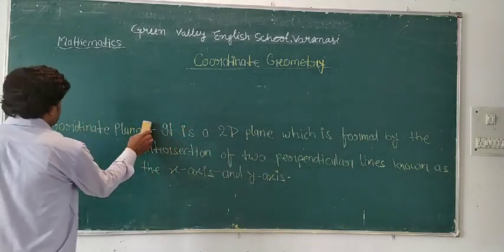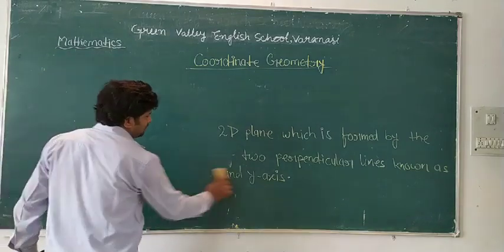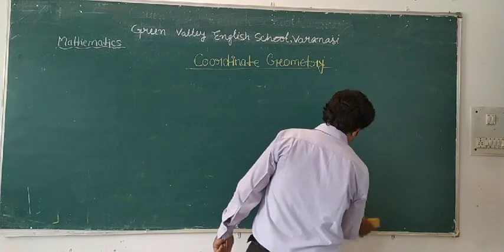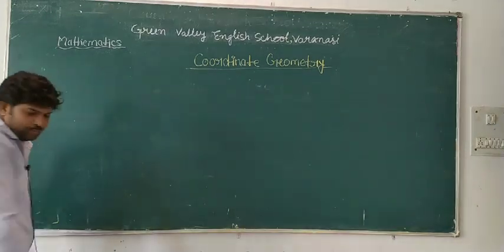It is a two-dimensional figure formed by the intersection of two perpendicular lines known as the x axis and y axis. Now we draw a two-dimensional plane and two perpendicular lines which intersect at a fixed point.